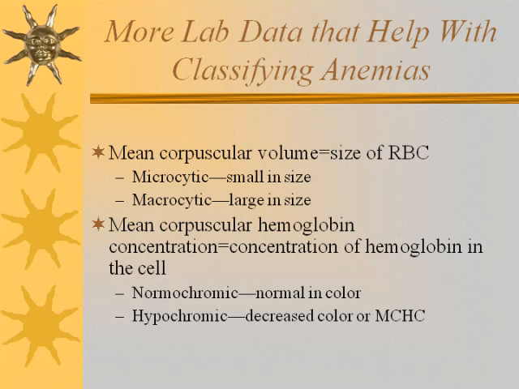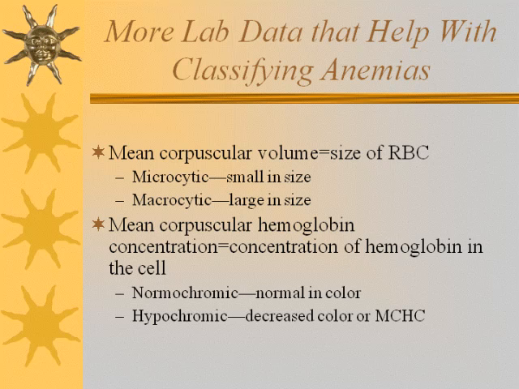Next lab data that you will see in your complete blood counts is your MCHC, which is the mean corpuscular hemoglobin concentration, which basically just tells the concentration of hemoglobin in an individual cell. With MCHC, we're looking at the color. MCV was looking at the size. MCHC is looking at the color.